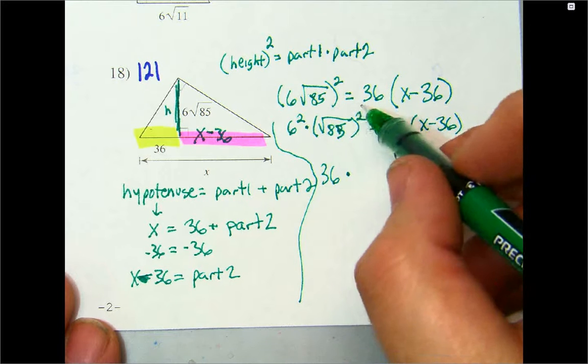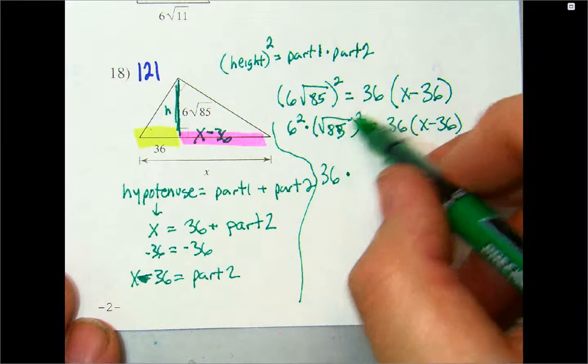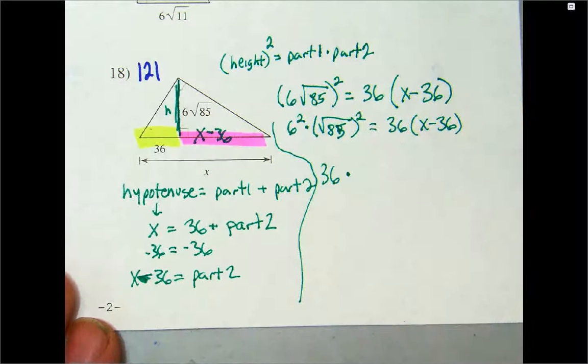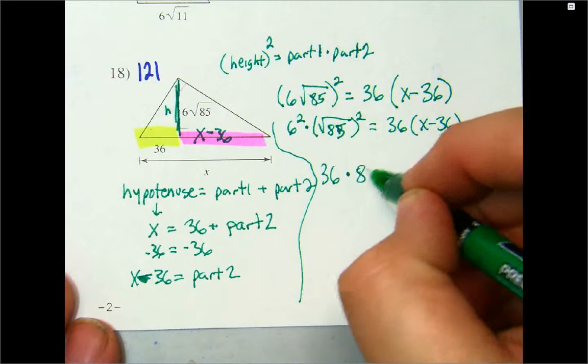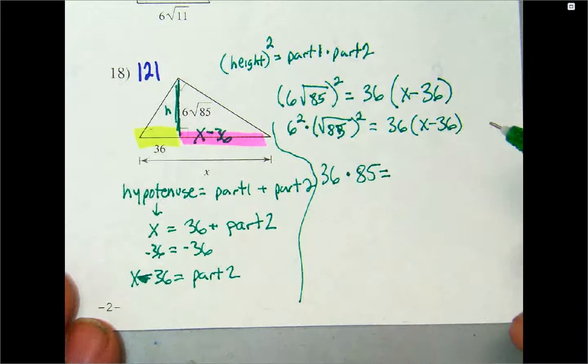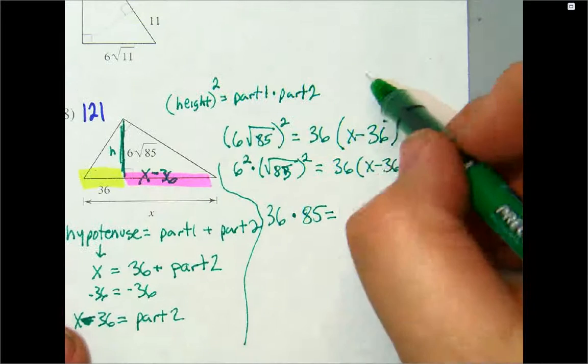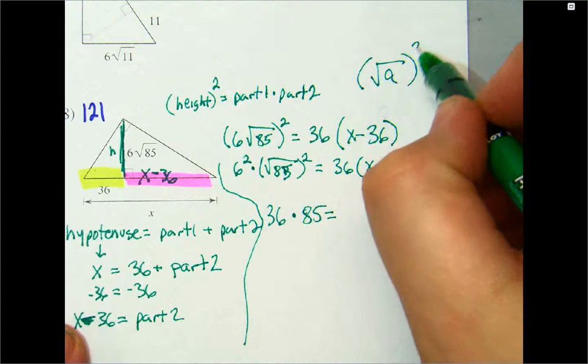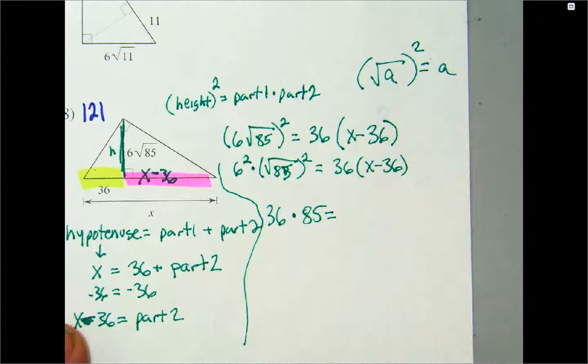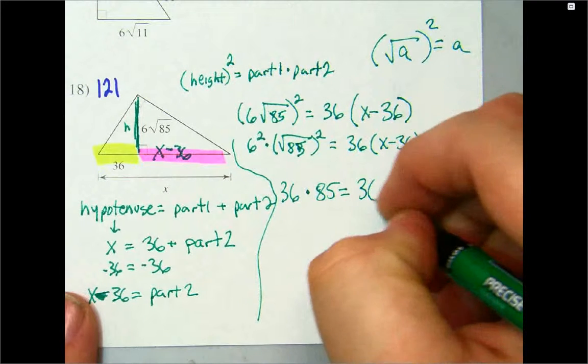All this does is it gets rid of the square root symbol, doesn't it? So it's going to be 36 times 85. And if you forget why, the reason is if you have the square root of any number a squared, it's equal to a. That's one of those properties that you learned last year in Algebra 1 or whenever you took Algebra 1. And that's equal to 36 times x minus 36.